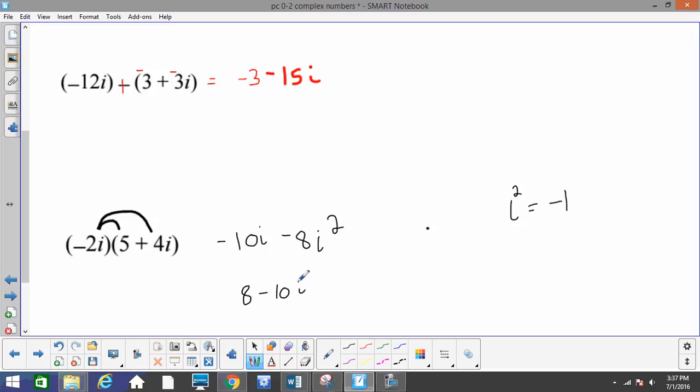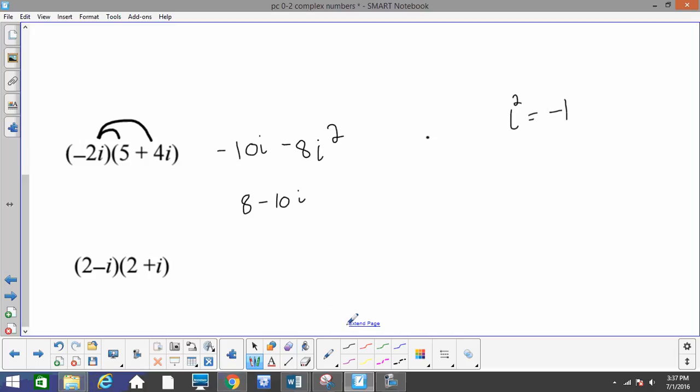And again, I like to have the real part come first. On this one, you're going to FOIL. First, outer, inner, last. So 2 times 2, 2 times i, negative i times 2, negative i times i.